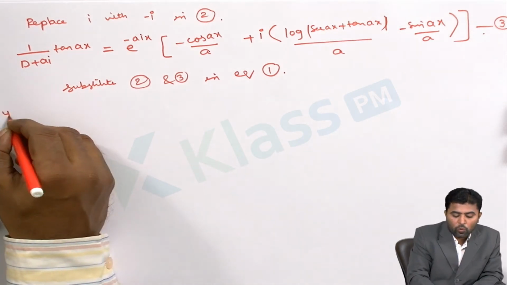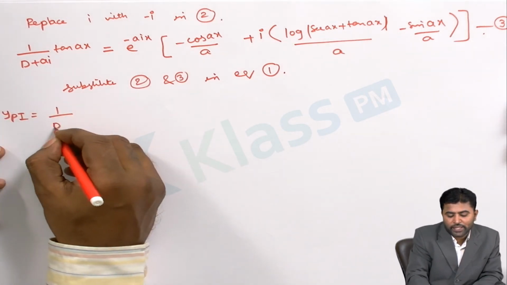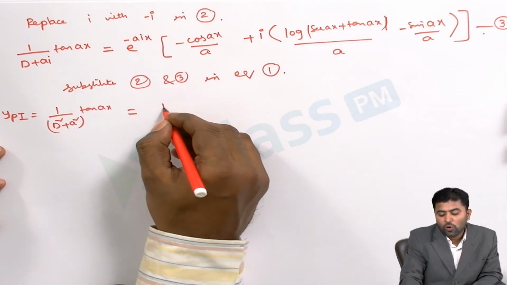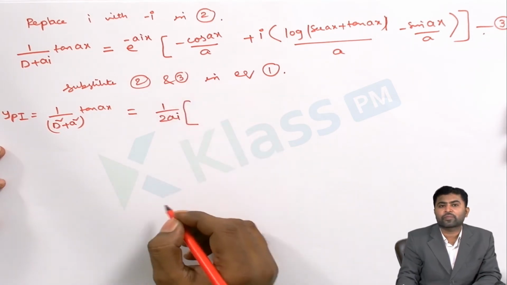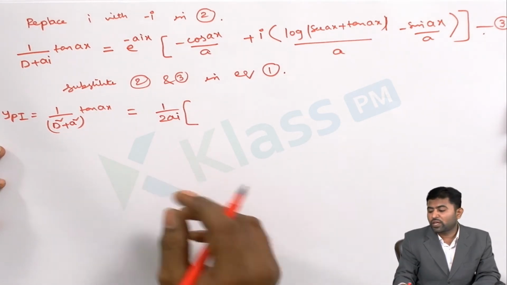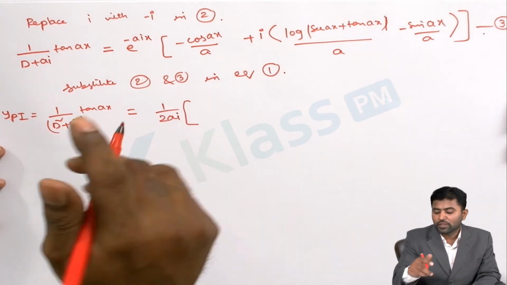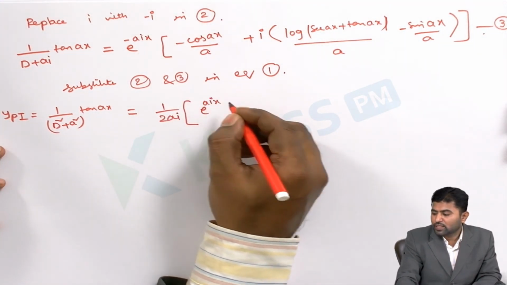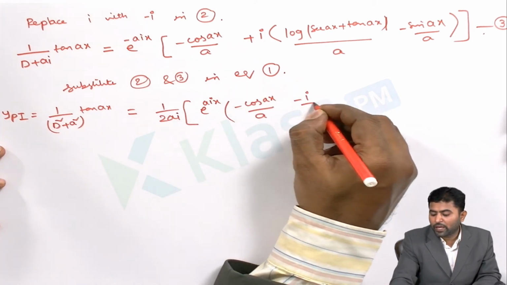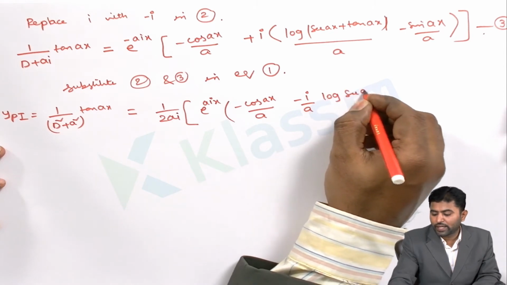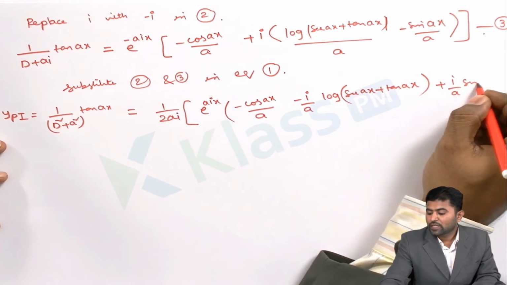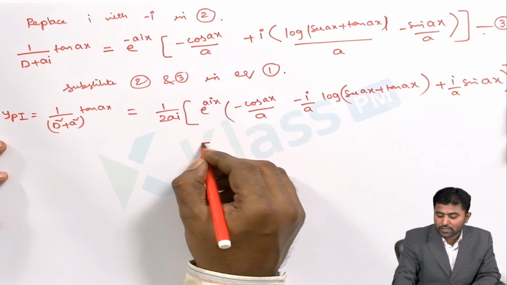Equation 1 was ypi is equal to 1 by D square plus a square tan ax, which we wrote as 1 by 2ai, 1 by D minus ai minus 1 by D plus ai. We calculated both the values, so we'll substitute them here: e power iax into minus cos ax by a minus i by a log secant ax plus tan ax, then plus i by a sin ax, then minus.